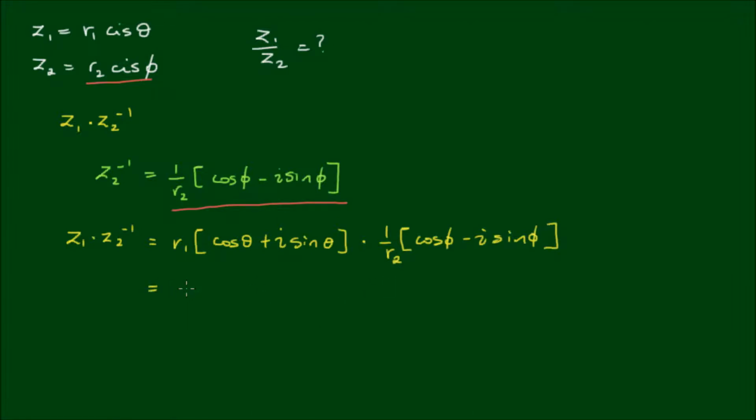Okay, so I can take the r's out the front, so I get 1 r1 on r2. Then I can simply distribute the cosines and the sines out.